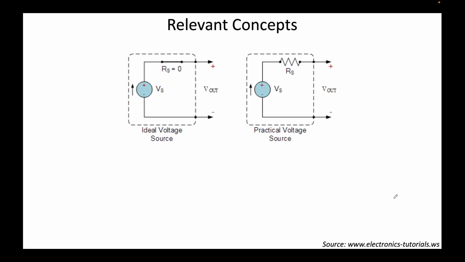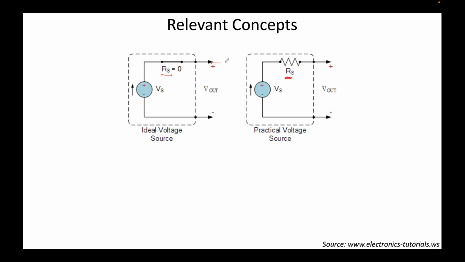Before we try to solve the problem, let's visit some relevant concepts. On the left, we have an ideal voltage source with zero internal resistance. On the right, however, we have a practical voltage source with some finite non-zero internal resistance.